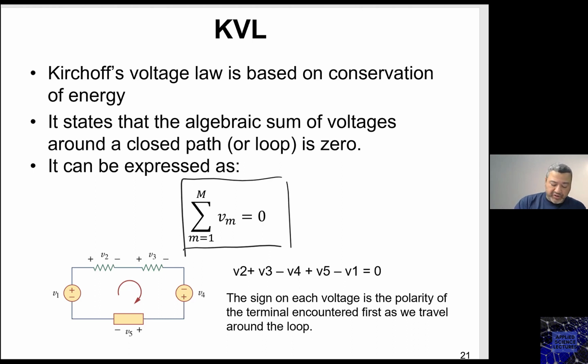The positive direction is going clockwise, and in this case, if I have the positive direction of the loop entering the positive terminal here, as you can see, I will write the voltage as a positive in my KVL equation.